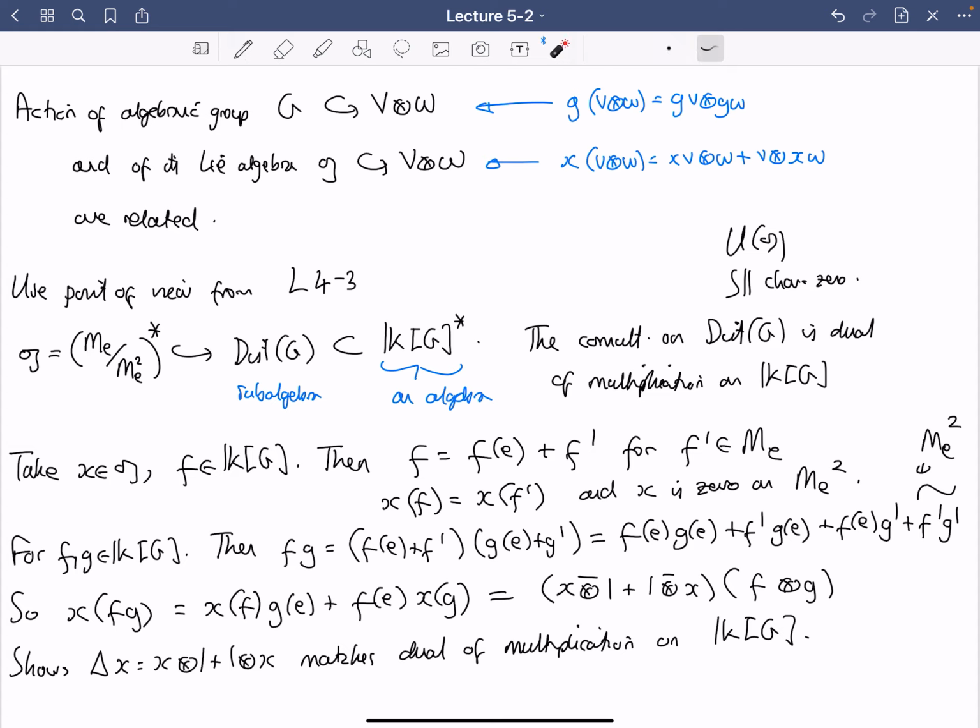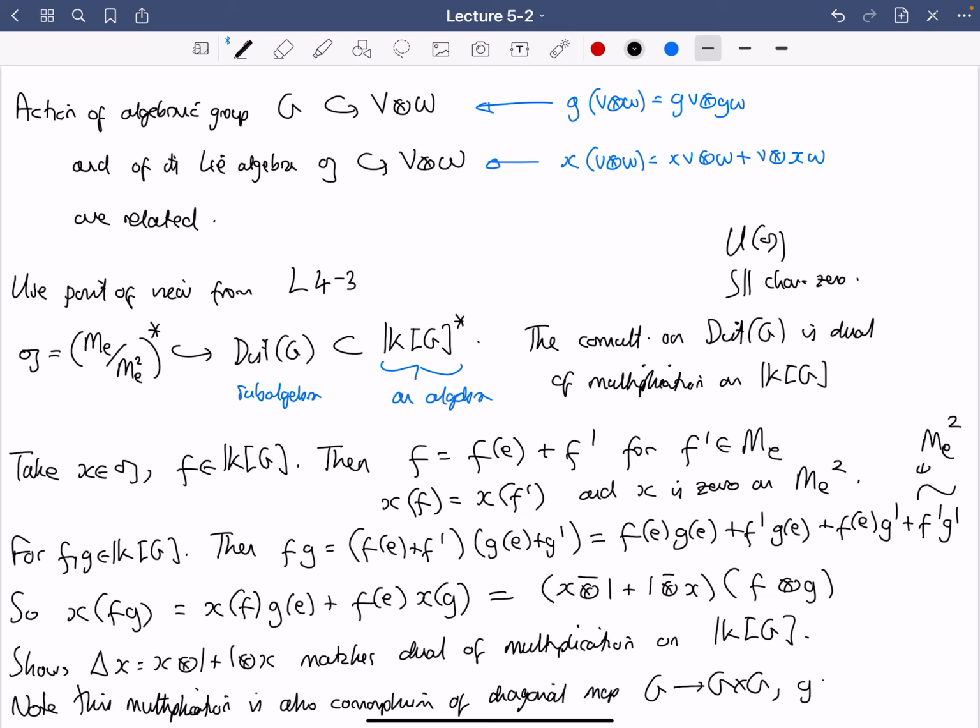And maybe just to tie it up, right? So that's that formula for a Lie algebra element acting on a tensor product. To just tie it up finally with the diagonal group action, we should maybe note that this multiplication, the commutative multiplication on that coordinate algebra, is also the comorphism of the diagonal map from G to G cross G, sending a group element to the diagonally embedded pair in that Cartesian product.